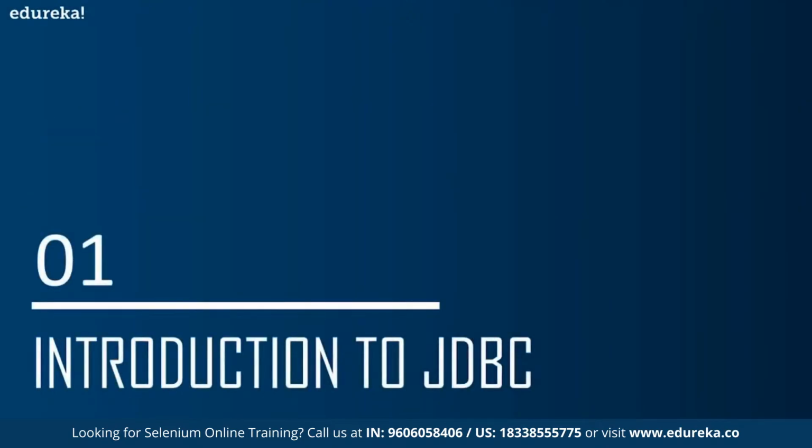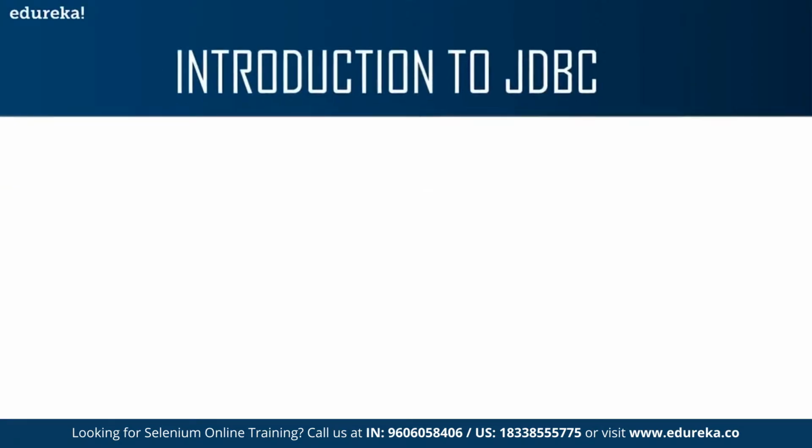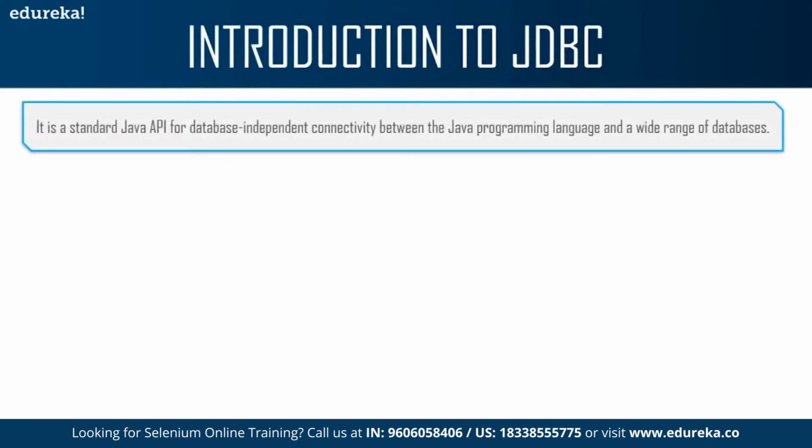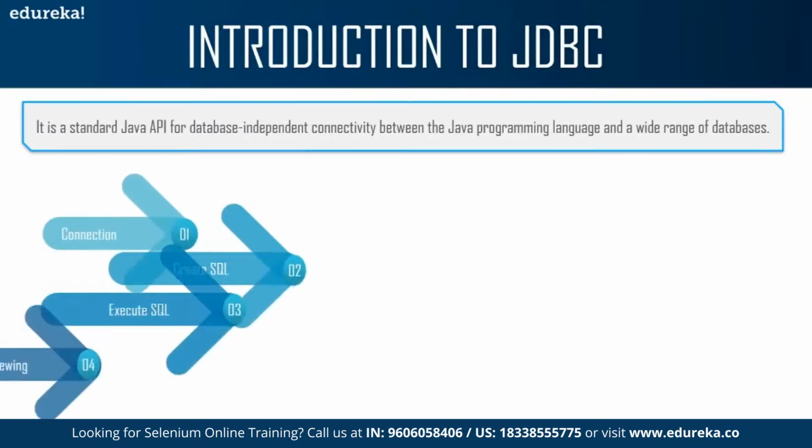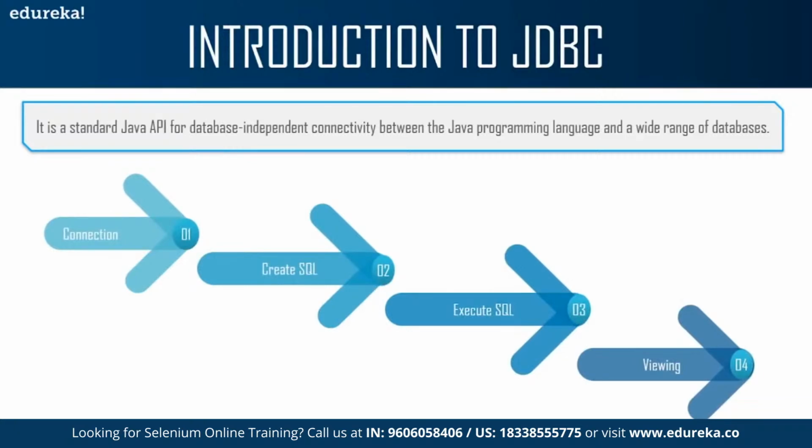Let's first understand what is JDBC, that is Java Database Connectivity. It is one of the standard Java APIs for database independent connectivity between the Java programming language and a wide range of databases. This application programming interface lets you encode the access request statements in structured query language. They are then passed to the program that manages the database.